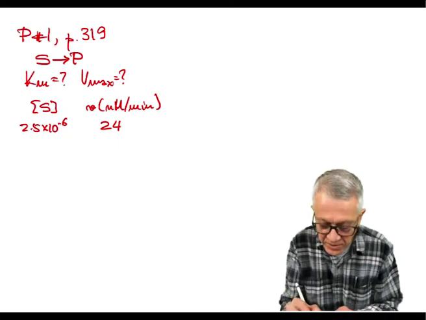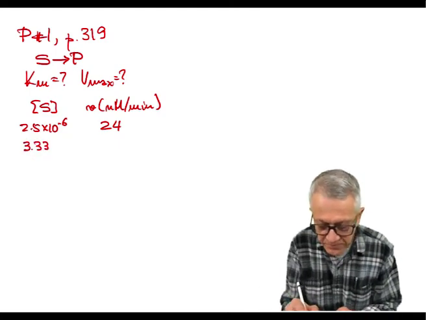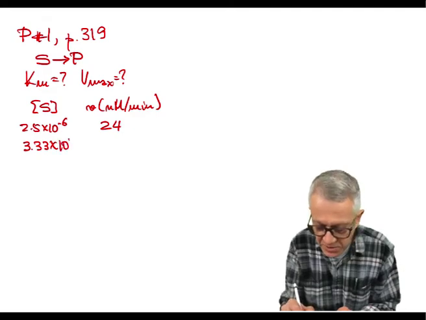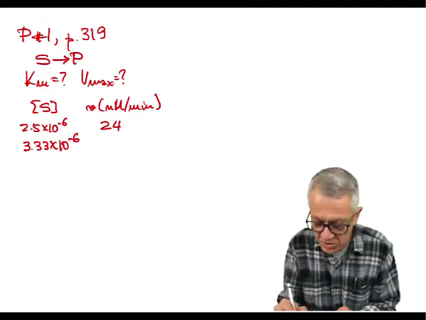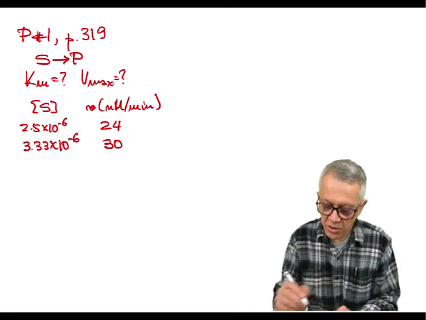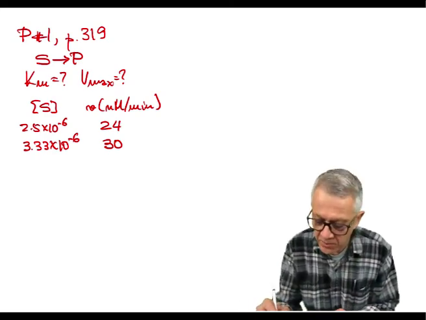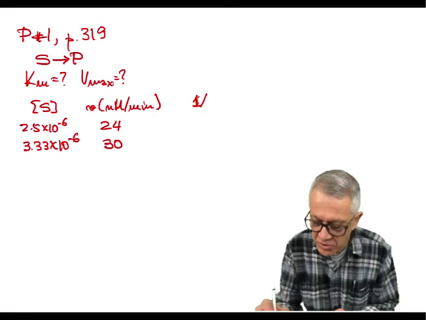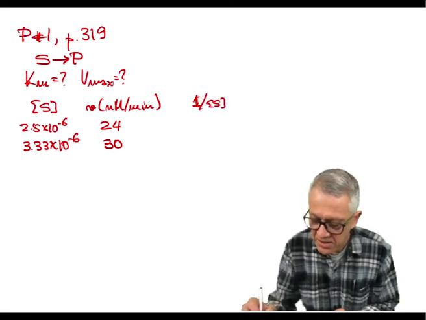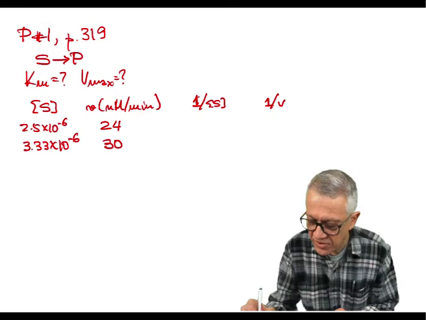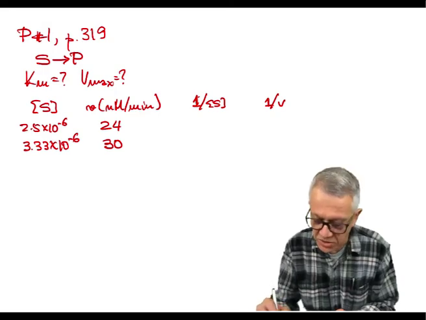The second one is 3.33 times 10 to the power of negative 6, and the velocity is 30. So in order for us to get the double reciprocal plot, we would have to take the inverse of S and also the inverse of the instantaneous velocity.